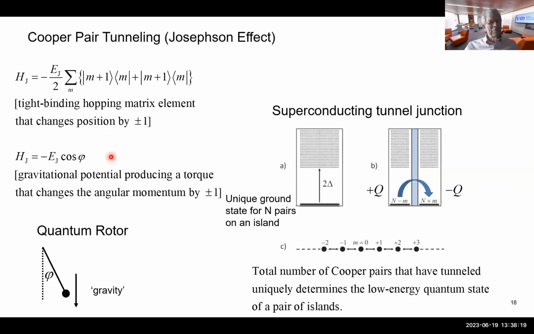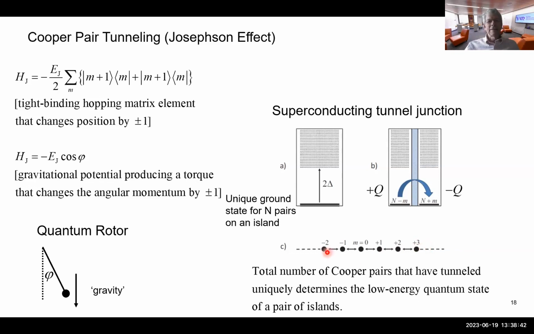So when you multiply it into the wave function, it gives you one more unit of angular momentum or one less. That's equivalent to what the hopping of the Cooper pairs does. It changes this label m, the total number of tunneled pairs, by plus or minus 1.